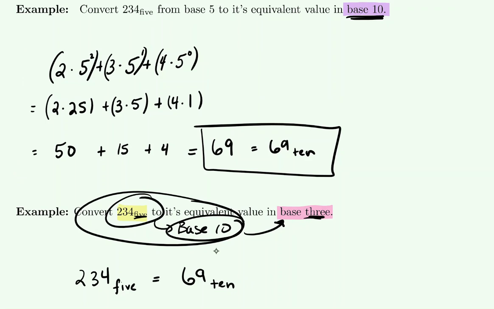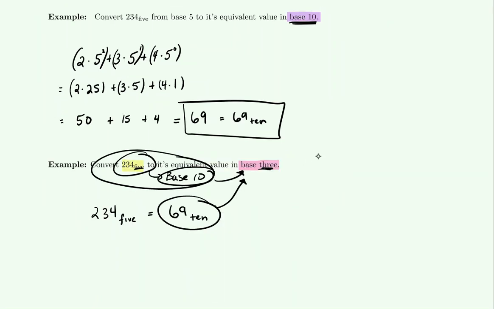And now we are here, so we need to go from 69 in base 10 to this as a base 3 number. To do this, since we're looking at base 3, I recommend you write out the powers of 3. So going from our number to a non-standard base, write out the powers of the base you're looking at. 3 to the 0 is 1.